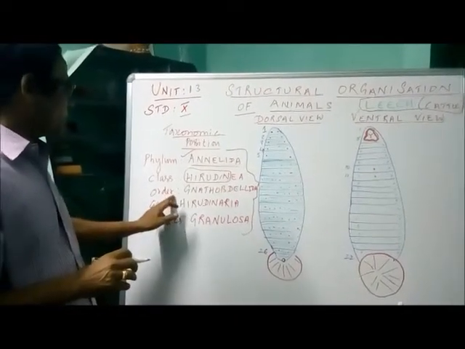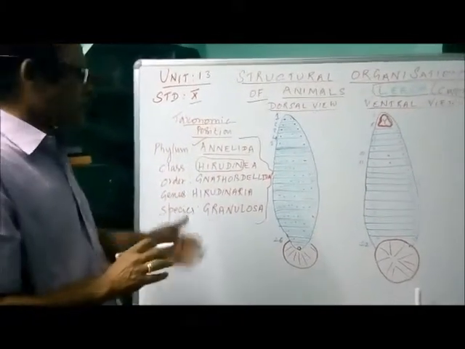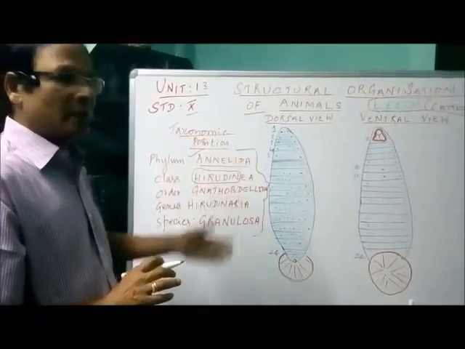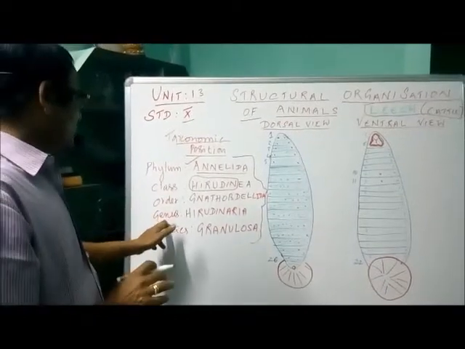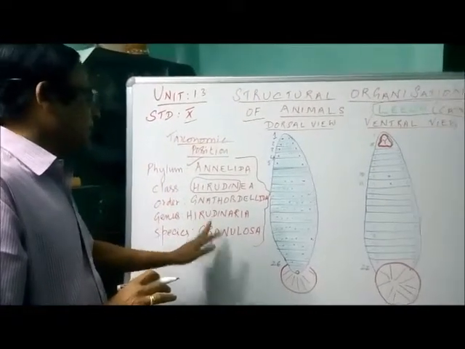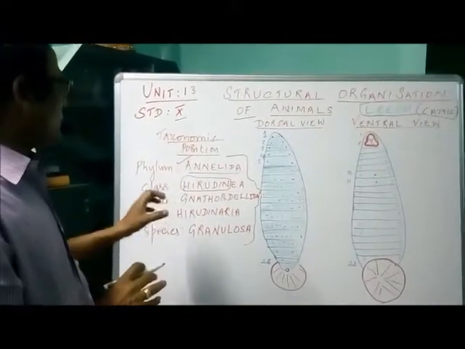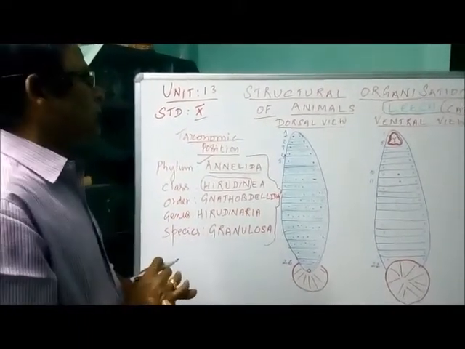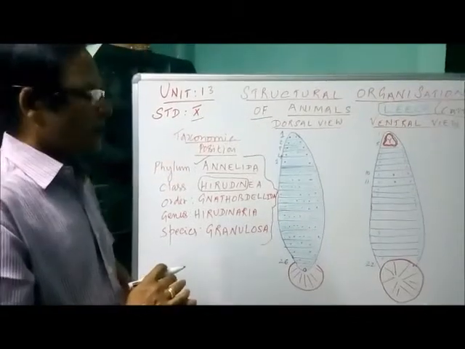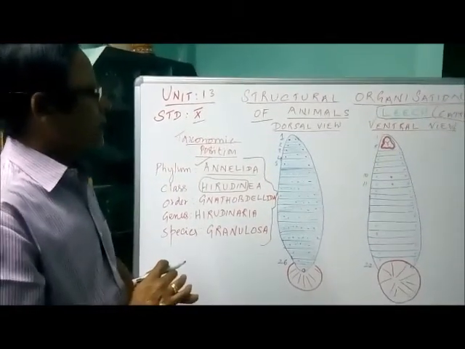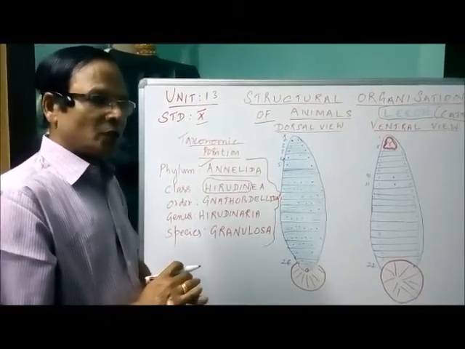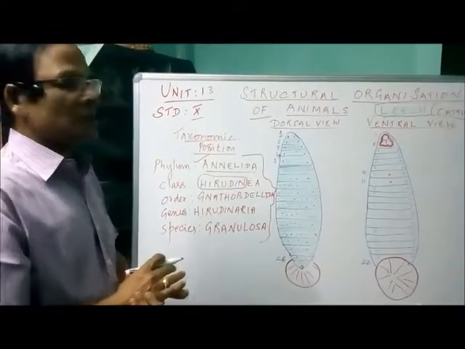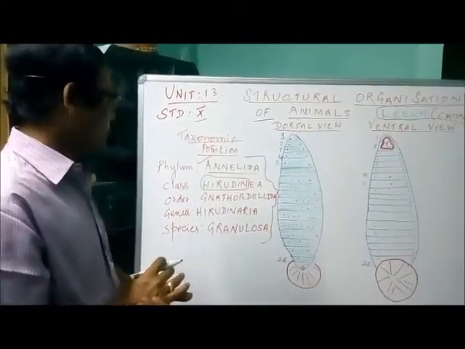Then the order Rhynchobdellida, genus Hirudinaria granulosa. This is the taxonomic position of the animal leech. Now we have to go for the habit, the habitat, the segmentation, the coloration, size and shape, the receptors and the suckers present in the animal one by one.